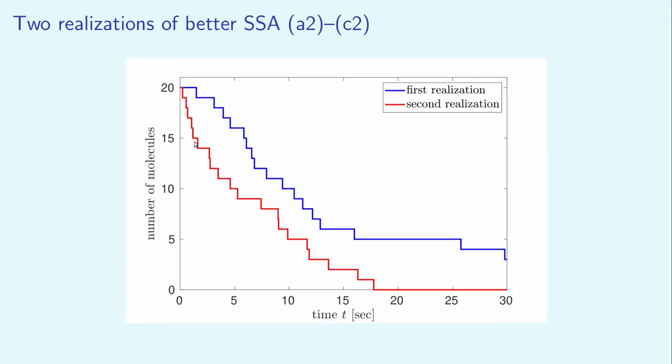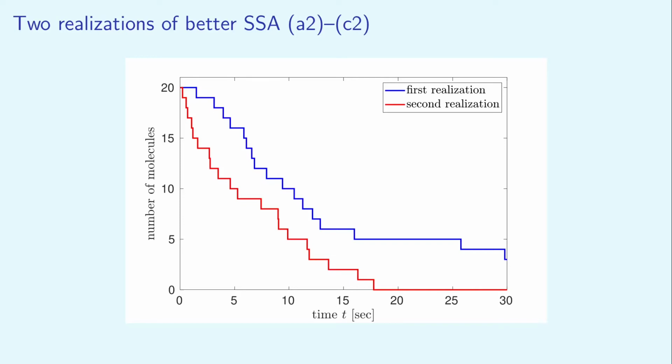Two illustrative realizations of algorithm A2C2 are plotted here. I again use the same initial condition as before. We have 20 molecules at time 0. After 20 degradation events, we end up with no molecules of A in the system. In particular, we only need 20 iterations of our improved algorithm before all molecules are degraded.